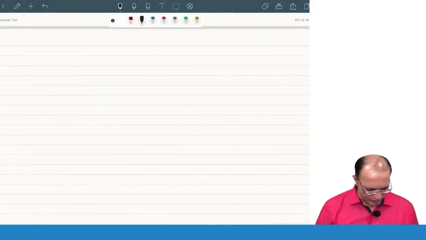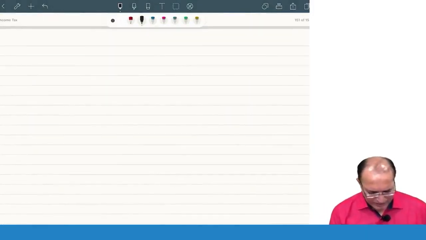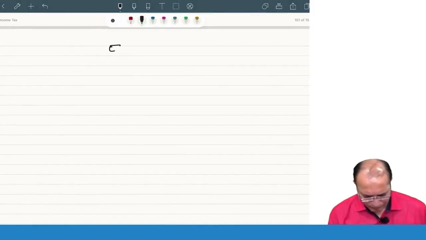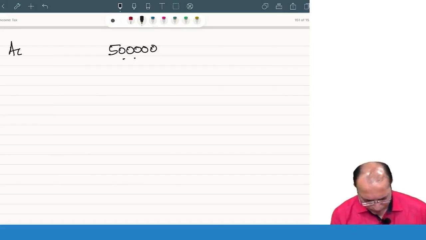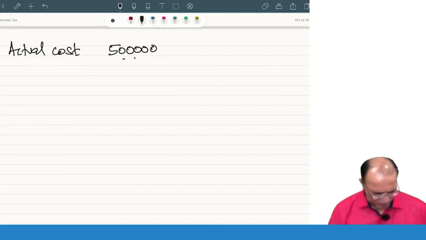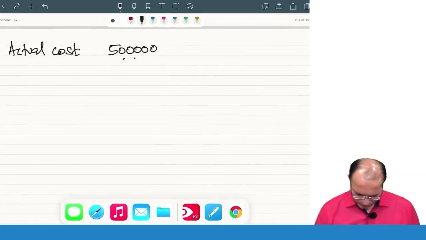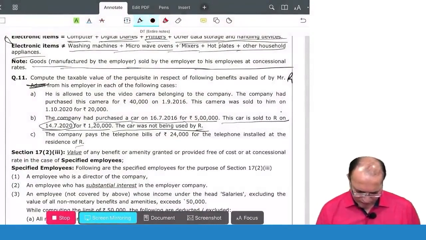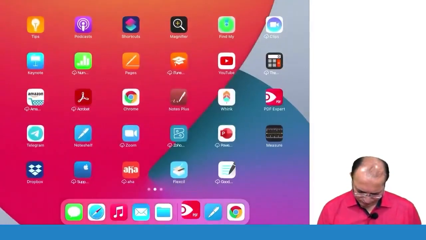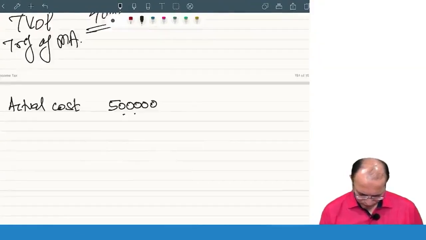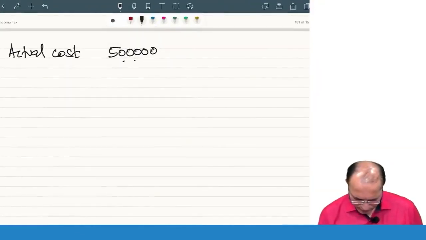So let's calculate at what price the car was acquired. 5 lakhs. This is the actual cost of the car. And the car was acquired on 16th July 16.